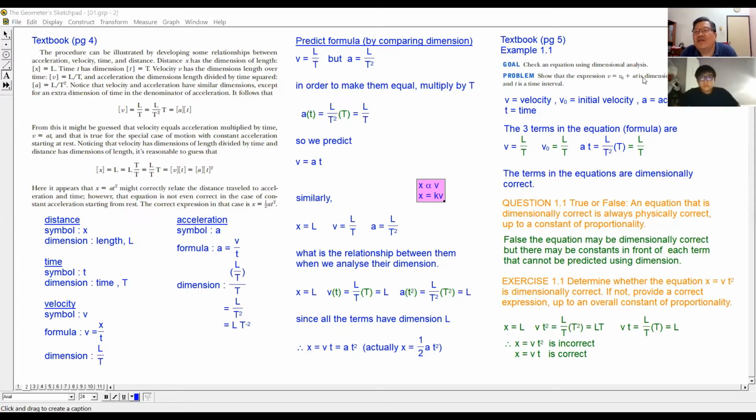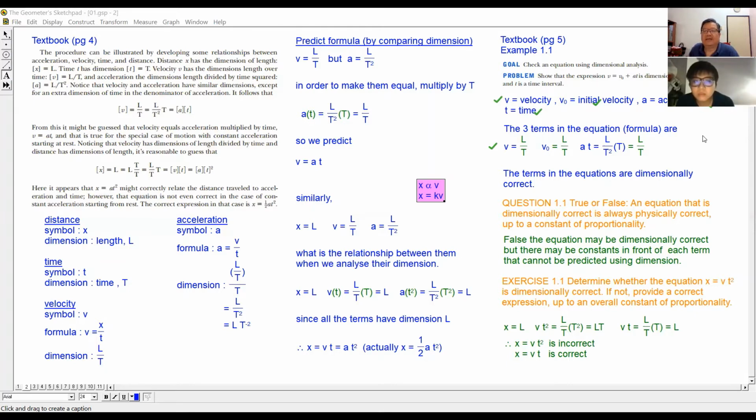So for each of these three terms, I try to find out their dimension. Over here v is the velocity, v naught is the initial velocity, a is the acceleration, t is the time. So I take the first term v. Now what is the dimension for v?